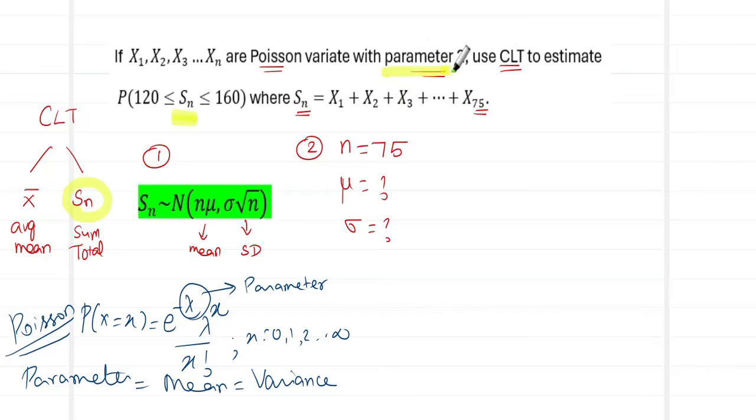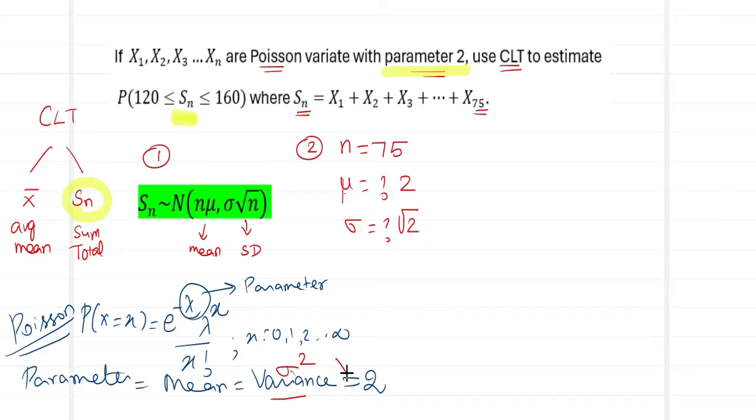Our parameter has been mentioned as 2. So, we say that this value is equal to 2. Hence, we fix mu to be equal to 2. Next, what is variance? Variance is sigma square. Sigma square is 2. So, what will be sigma? Sigma will be square root of 2.